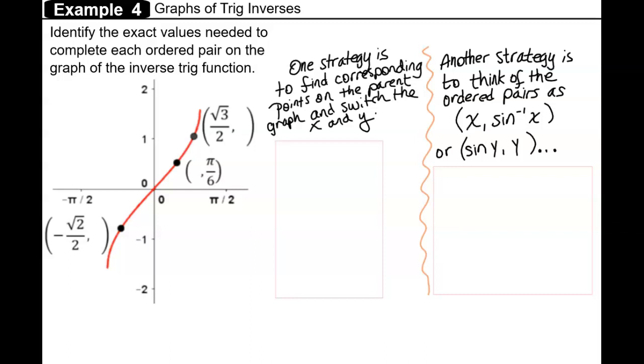Okay, example 4 asks us to identify the exact values needed to complete each ordered pair on the graph of the inverse trig function.